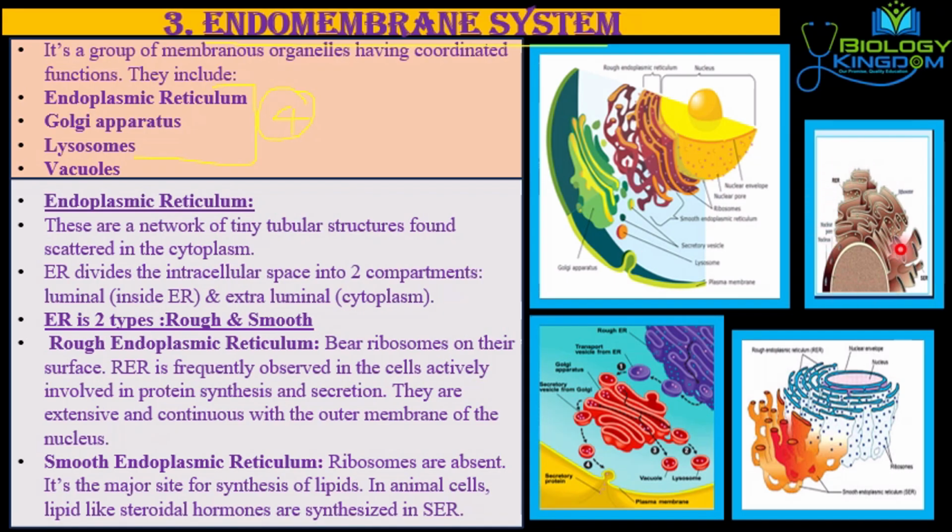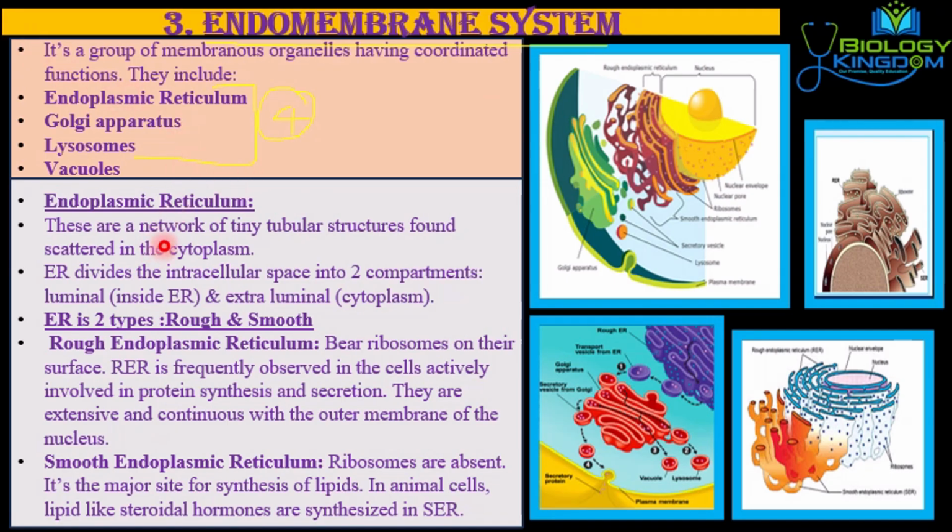We also have the Golgi apparatus, and we have lysosomes and vacuoles also present in the structure. So this is the rough endoplasmic reticulum, smooth endoplasmic reticulum, and this yellow colored structure is the vacuole.